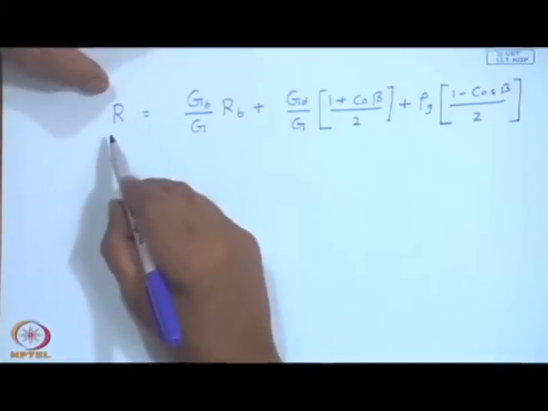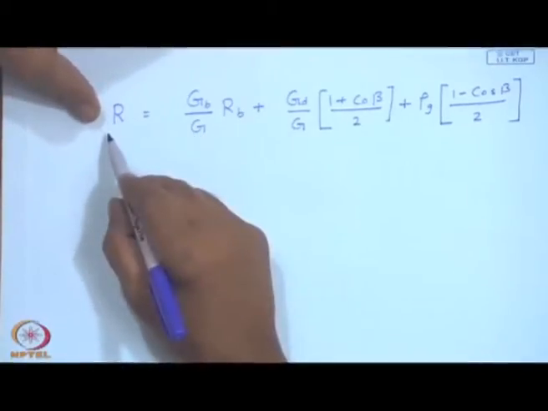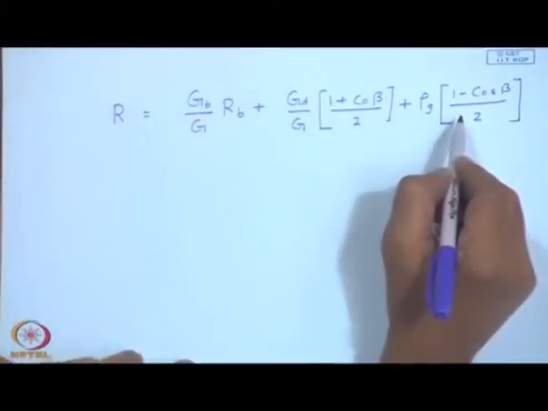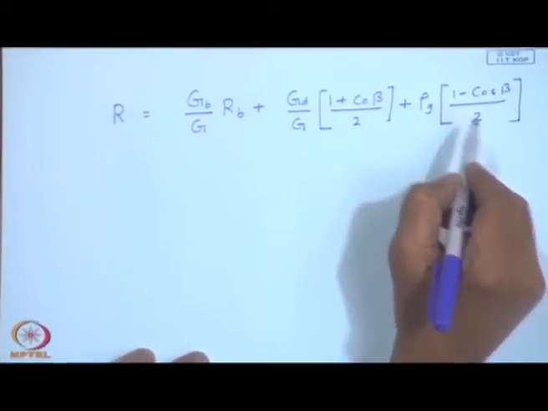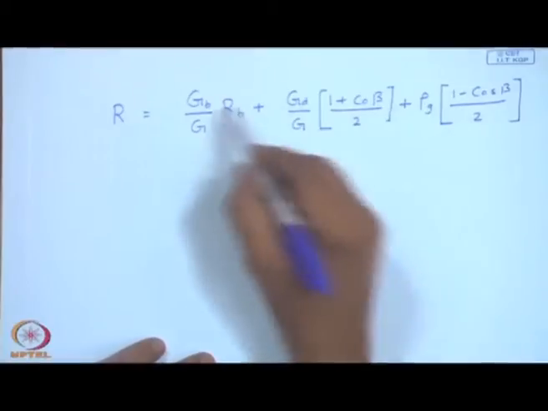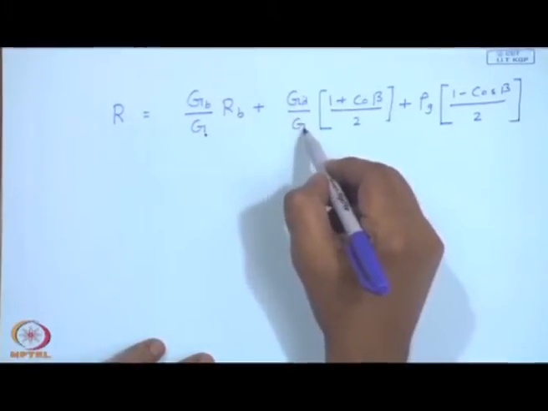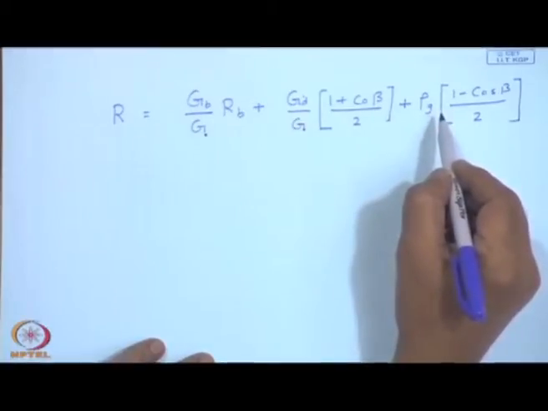If we multiply throughout with G, G into R will be your G T, and hence this is written in a particular fashion. Now, you will find that everywhere I have got G B by G, G D by G, of course, this G gets cancelled.